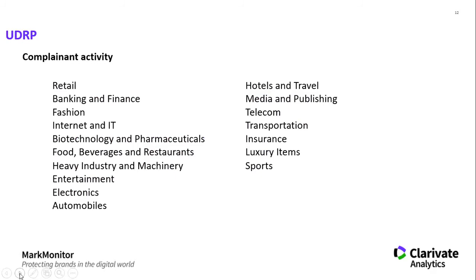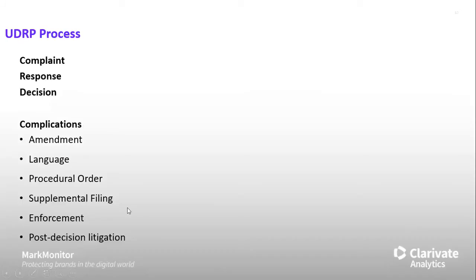Next slide, very quickly just to touch on what's involved in a UDRP proceeding. As I said before, most UDRP proceedings involve little more than a complaint, although a complaint in the context of a UDRP proceeding, as you may know, is substantially different than at least U.S.-based litigation. It's not notice pleading.